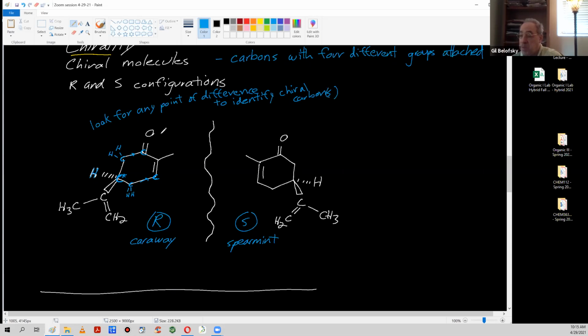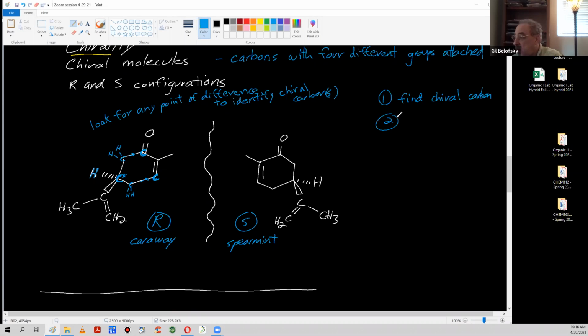Or the chiral carbon or carbons. I'm going to go through some simpler examples of this, but in this example, once you get out to this carbon and this carbon, you're able to assign priority groups. So first thing is to recognize, find the chiral center, find the chiral carbon.